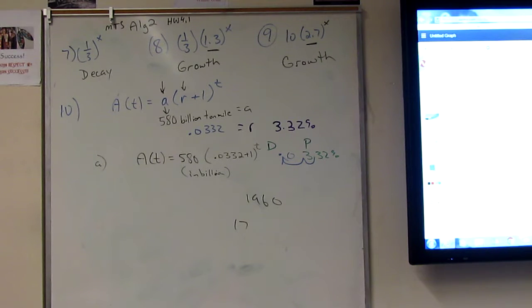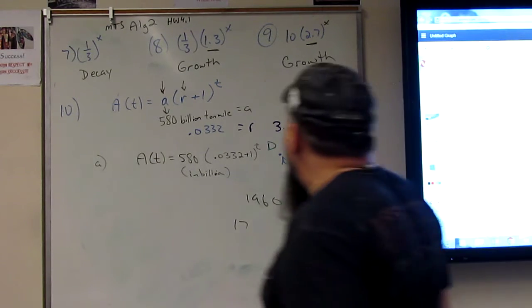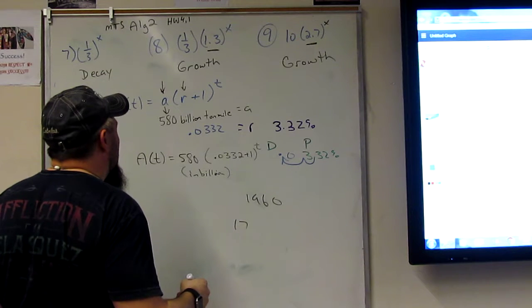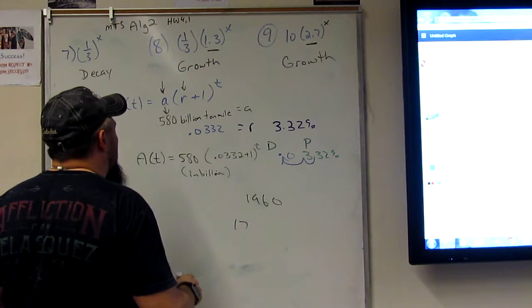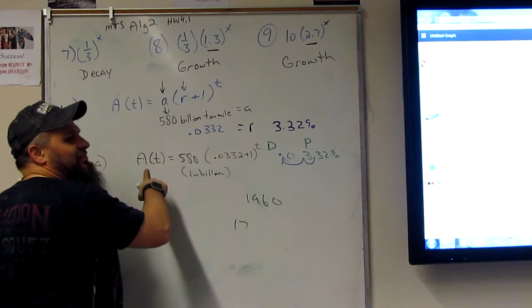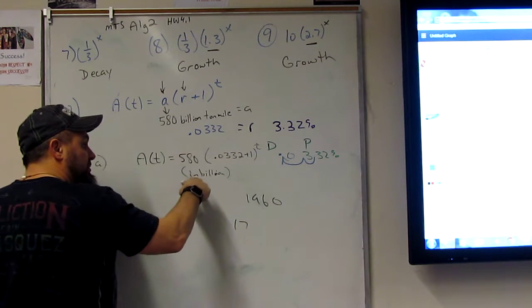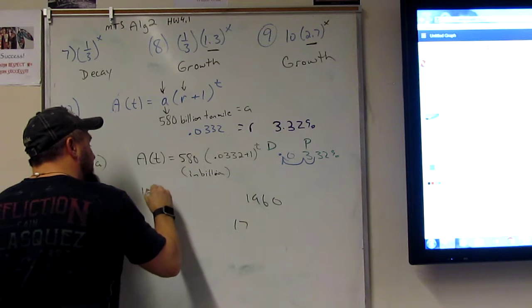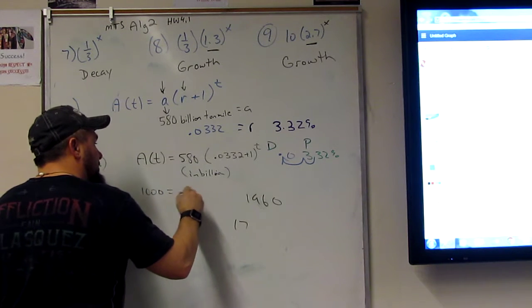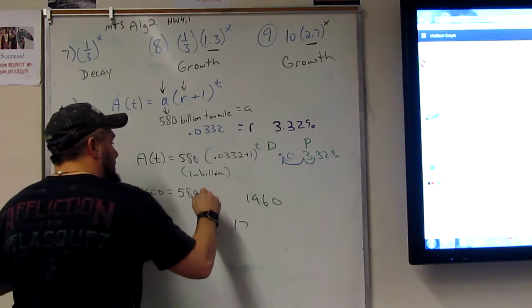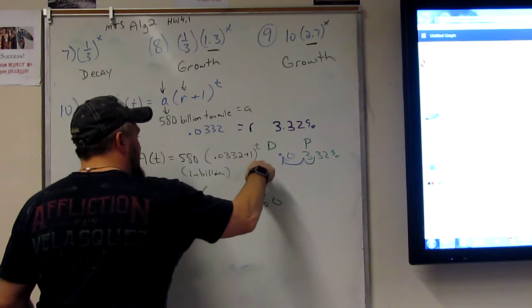At 1 trillion? Huh. So let's do the math. The way we would figure that out is this would have to be 1,000, right? Or 1 trillion. So 1 trillion would be 1,000. So 1,000 is equal to 580 times this.